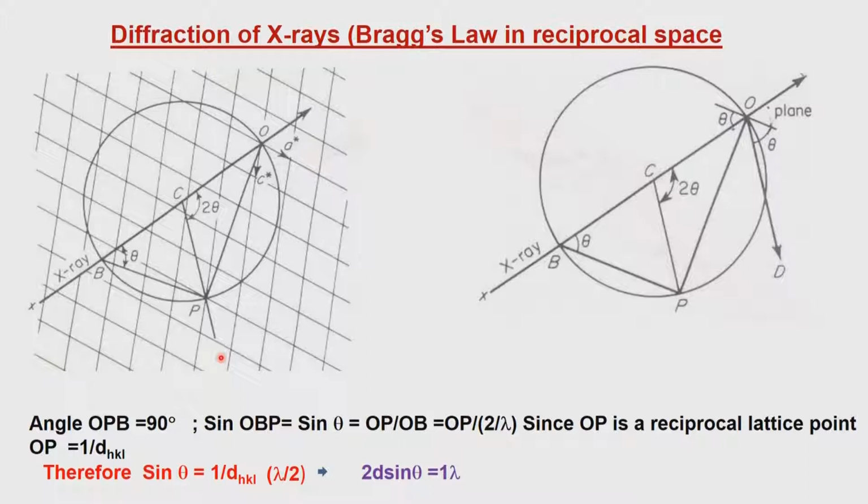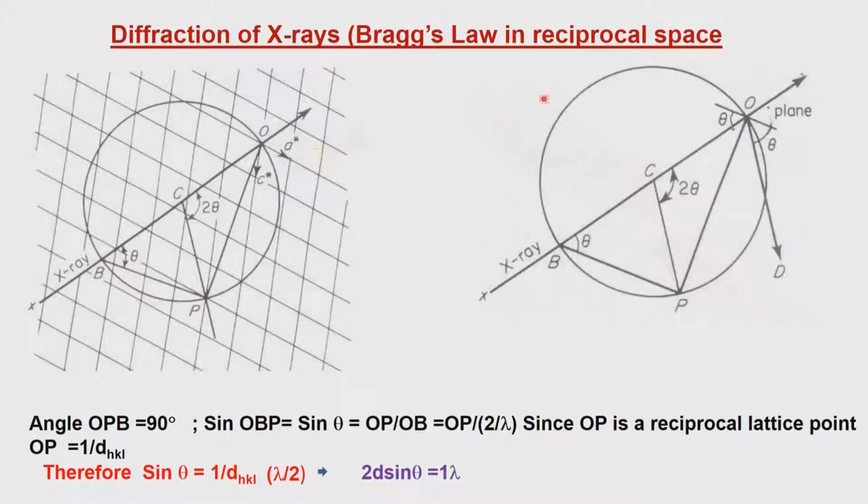Bragg's law said that if there is a plane and an incident beam, the direction of the incident radiation is characterized by a vector S naught and the scattering by the scattering vector S, and it will give us the diffraction condition satisfied, 2d sin theta equals lambda. So, what we have done now is to go to the reciprocal lattice. Once we went to the reciprocal lattice, we decided to take 1 over lambda as our unit and the circle is drawn with a radius of 1 over lambda.